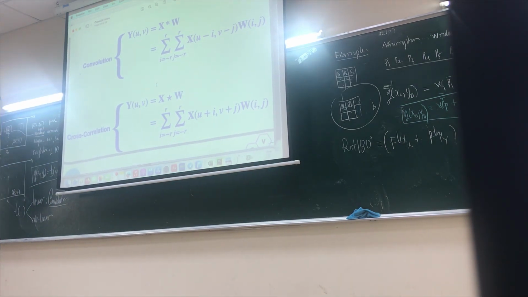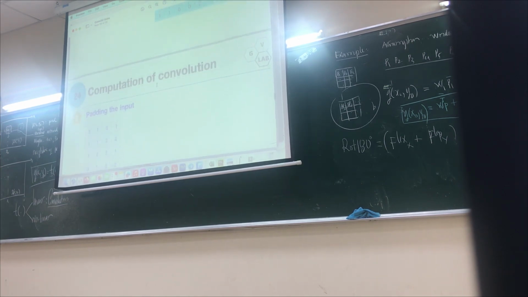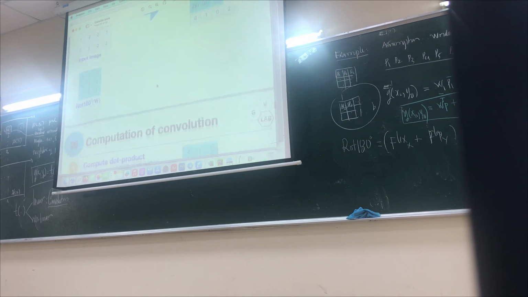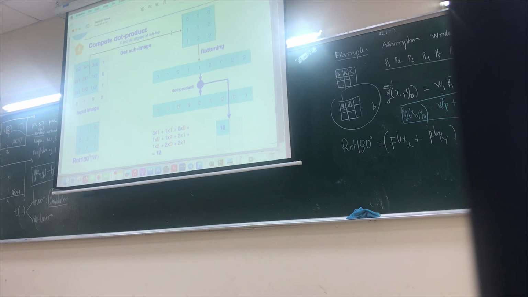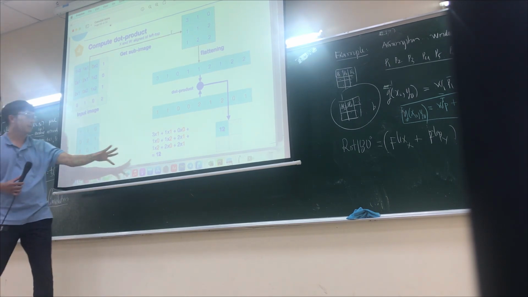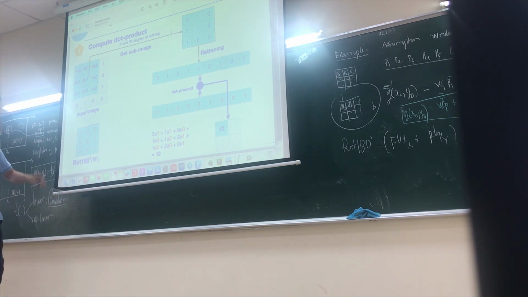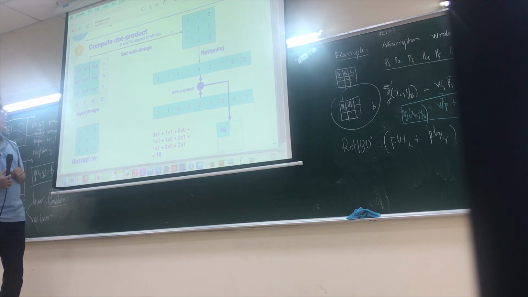Okay, now we go into detail about convolution. Now how does it work? I assume that the kernel is 3 by 3. After rotating 180 degrees you have it for convolution, and you apply it on the whole image. Now the image is just 4 by 4.